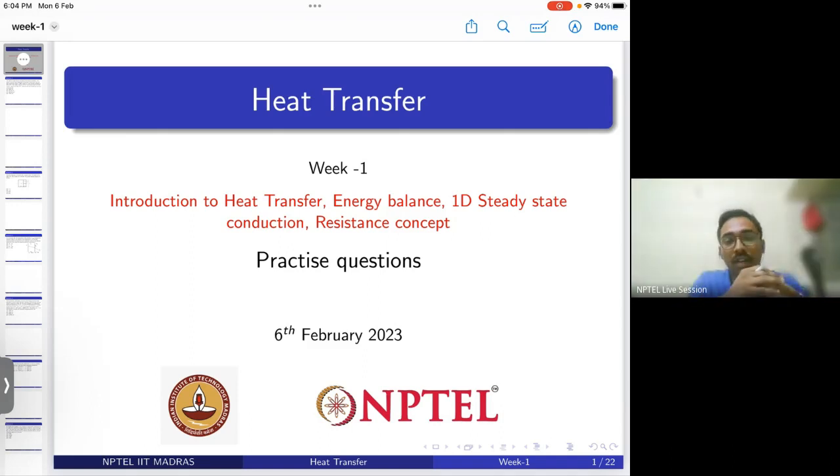The general heat conduction equation was derived, and from the general heat conduction equation, the 1D steady state heat conduction equation was derived. Then the resistance concept of heat transfer, the electrical analogy of heat transfer, was also discussed in the week one lectures. So in this session, we will discuss some of the questions related to these topics.